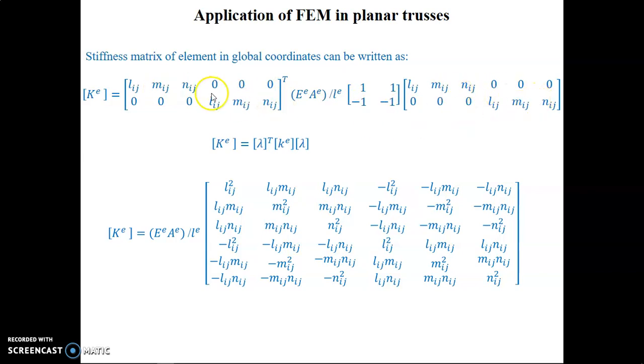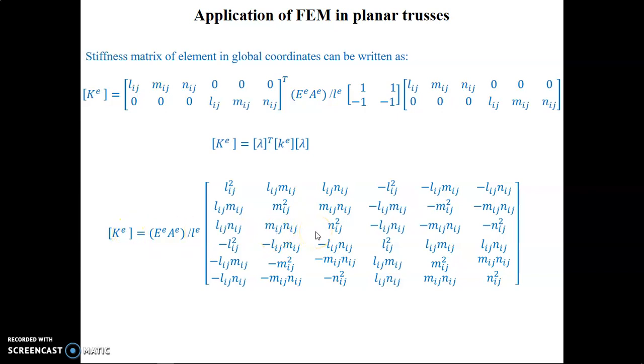After performing these matrix multiplication operations, we will obtain the global stiffness matrix as a 6 by 6 matrix. Now we will be using this concept. So this will be the stiffness matrix of an element in 3D space.